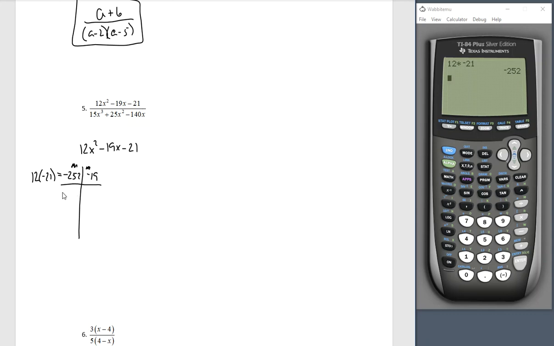So I'm going to start here at 12 and negative 21 because they're different by 9, negative 9. So I know that I should go down a little bit in my positive number, right? Because I want my negative to be bigger. So let's try, how about 11? Does 11 go into 252?